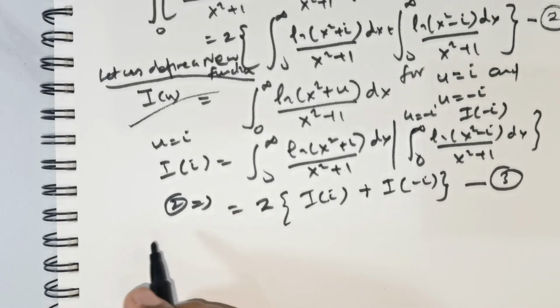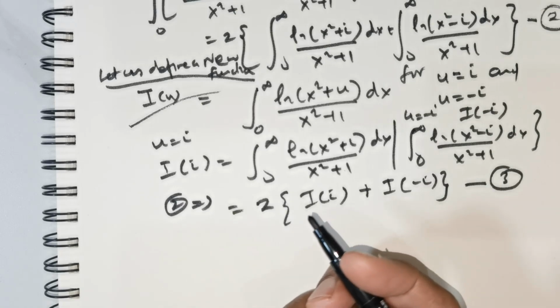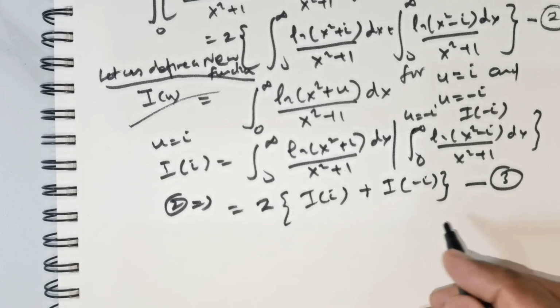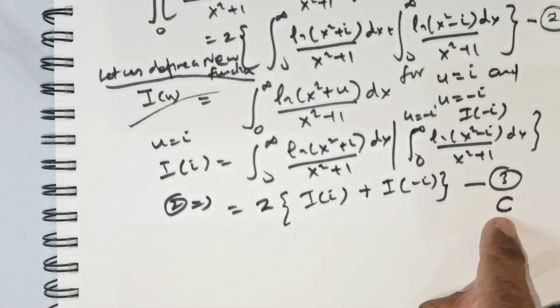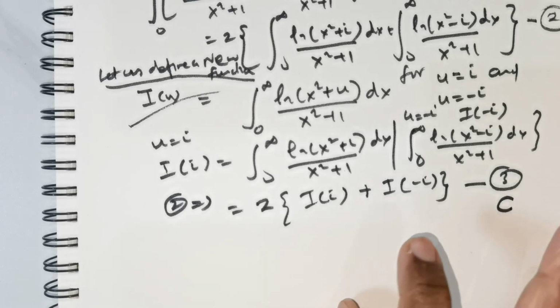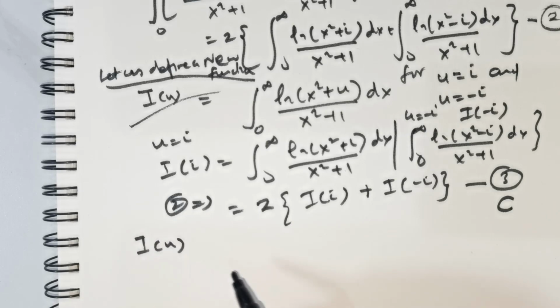Now what I wish to do is to actually get some boundary values. Why am I trying to get boundary values? Because when we integrate, we will encounter the constant c, and we need to obtain the value of the constant c. That is very important, right? Without the boundary condition, it's not possible for us to obtain it. So let us go back to the original definition of our function.